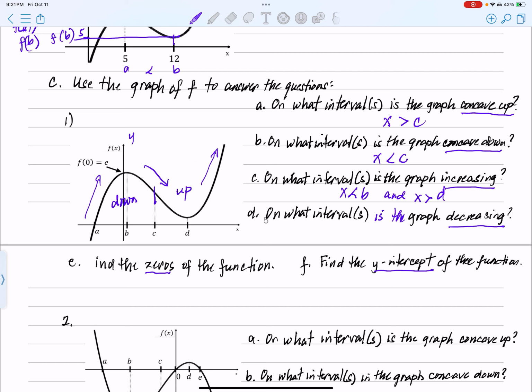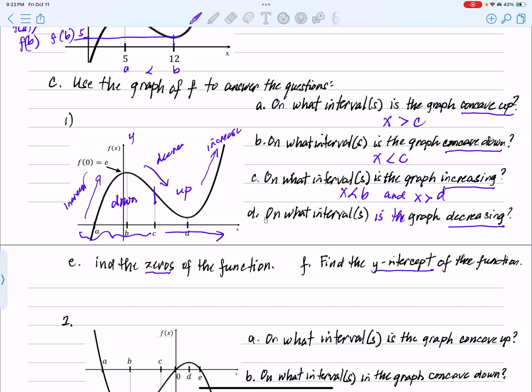Increasing. Increasing. Decreasing. Increasing. So when x is less than c, where is x less than c? Somewhere here. That is concave down. But when x is greater than c, it is concave up. Okay? Here.